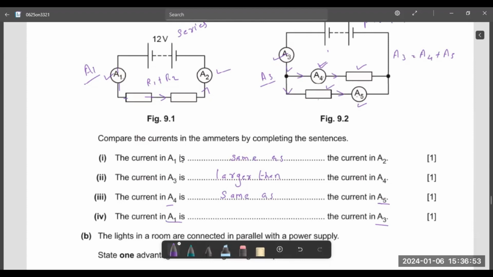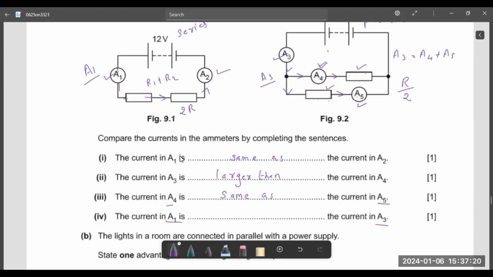As they are equal resistances, it will be R by 2. When both resistors are the same in a parallel network, the total effective resistance will be R by 2. When the same resistances are connected in series, it will be R1 plus R2, which is 2R.